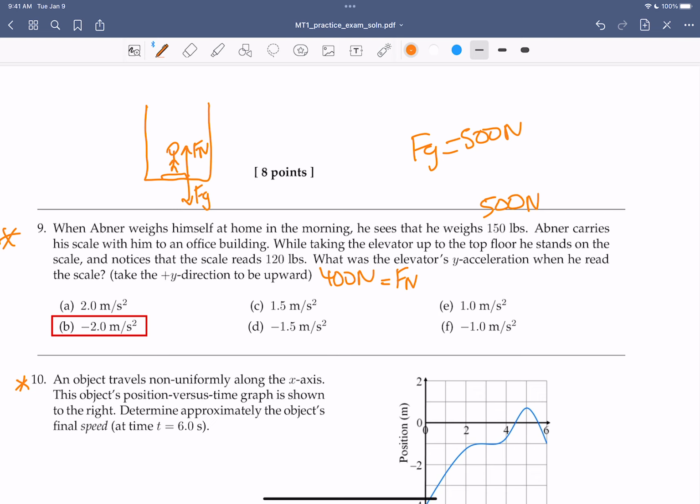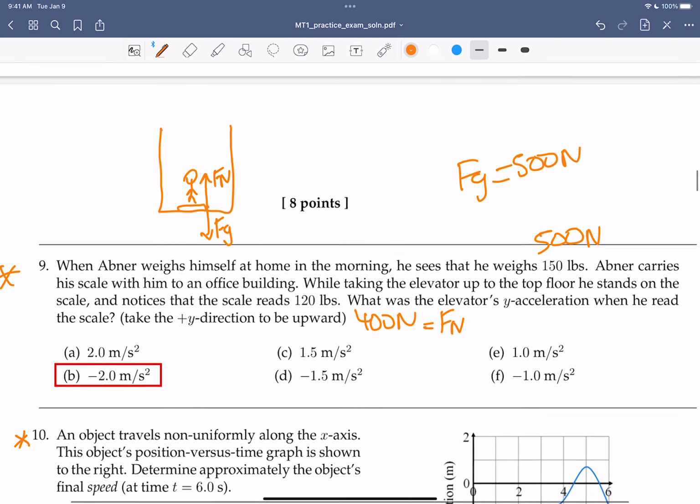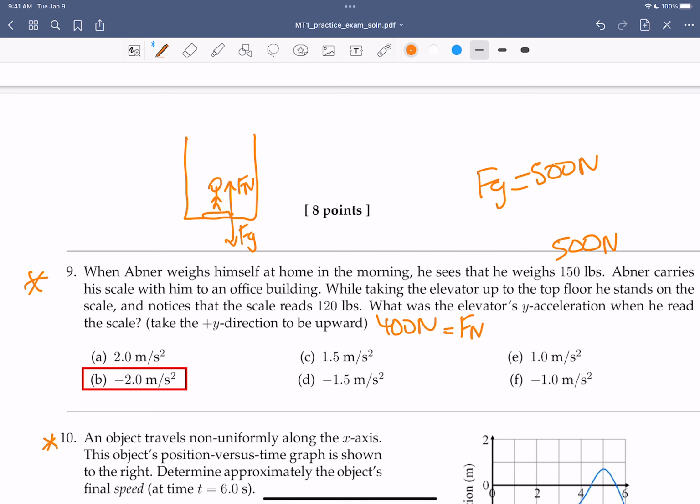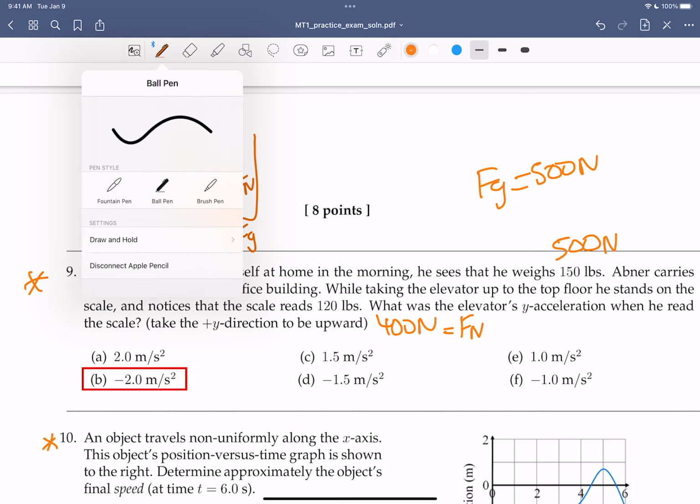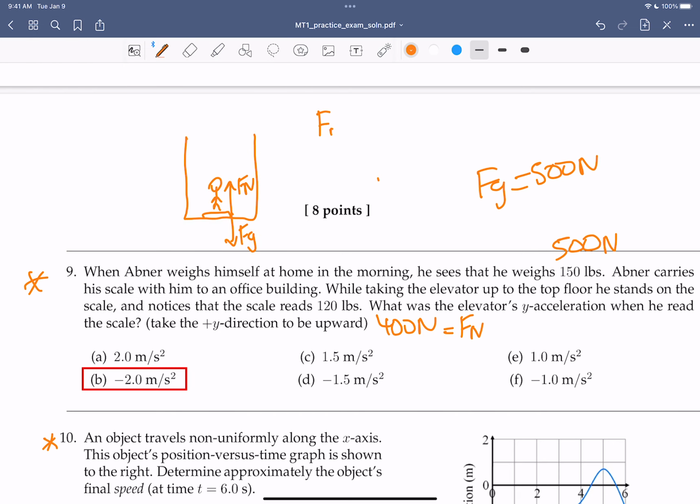Net positive what? Net positive force. Yeah, there we go. There should be an F net positive, right? And that elevator should have some kind of positive acceleration, right?